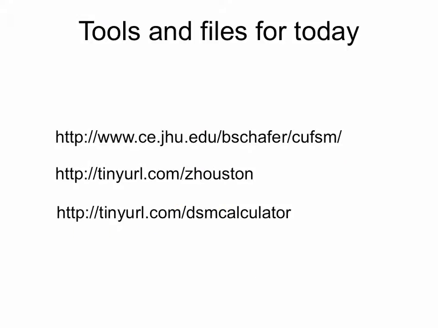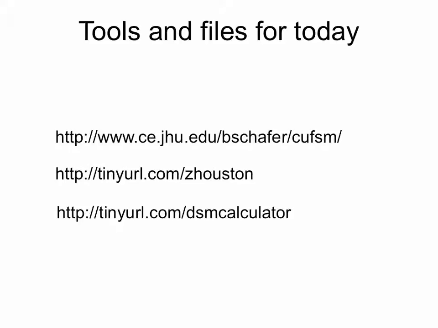I noticed many of you do not have your laptops. How many people have laptops here? All right, so I'm going to rely on you because for the first half of the presentation, I'll give you some of the background of the direct strength method. In the second half of the class, we're actually going to run through a metal building roof design example. Right now, if you have a laptop and you don't have, for instance, CUFSM, which is a finite strip elastic buckling program, installed on your computer, you can get it here.